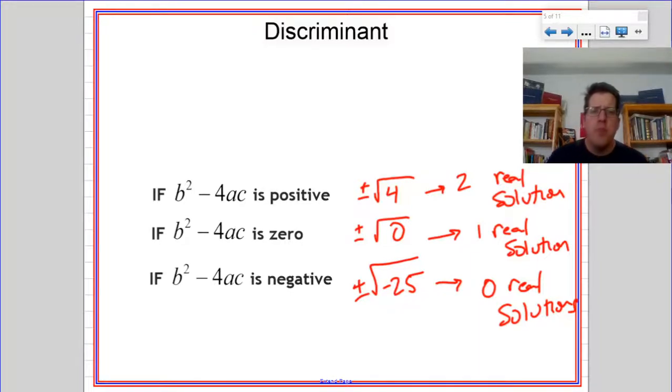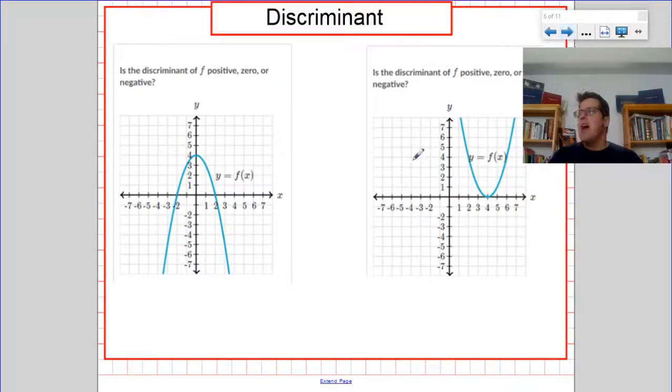Now, how can we put this into some sort of application? What's the point of this? Well, if I ask you, hey, look at this graph on the left. Is its discriminant positive, 0, or negative? You can say, oh, well, I know something about the discriminant. I know that it tells me how many solutions the graph has.